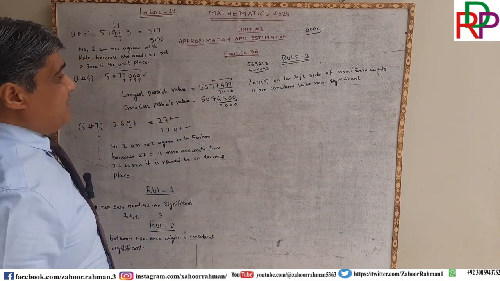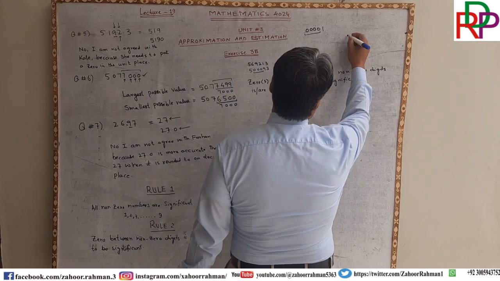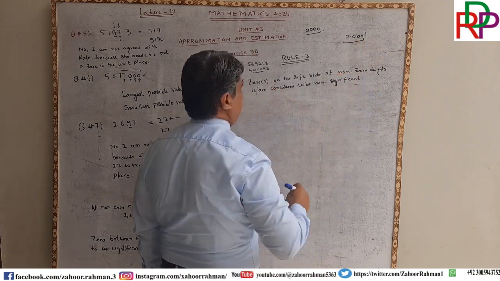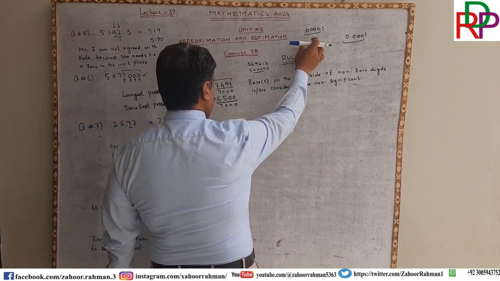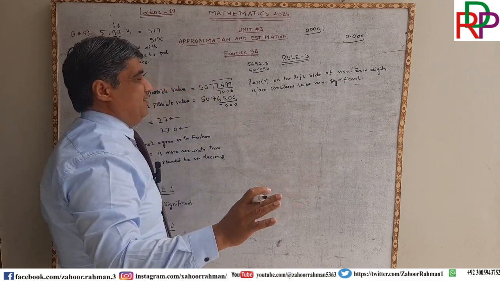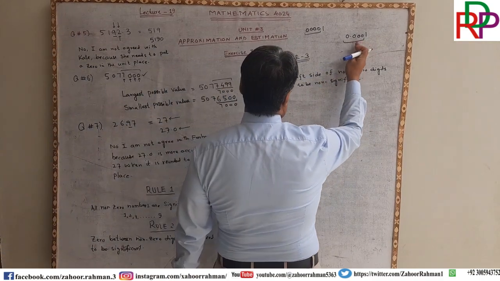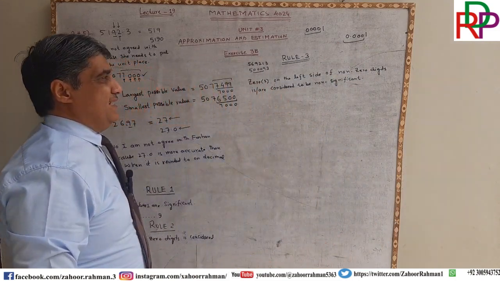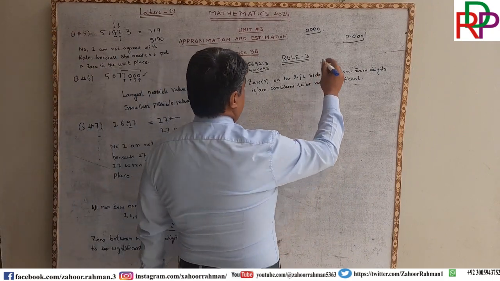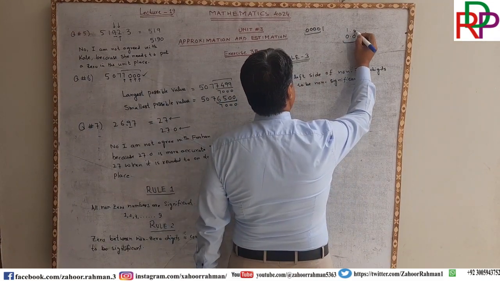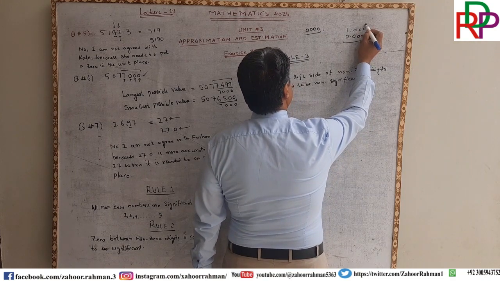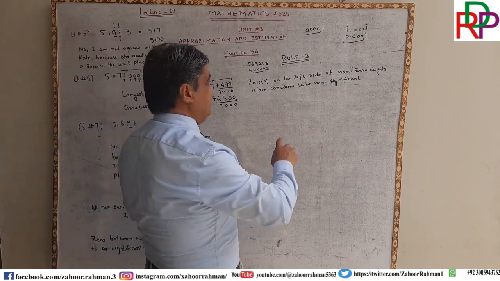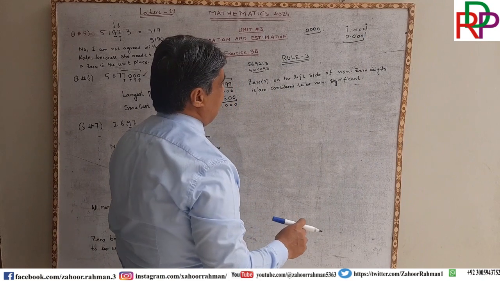If it is in a decimal number as well, 0.0001, these are not significant. If it is in the whole number, it is not significant. If it is in the decimal, the zeros are non-significant. Remember that if this one is 1.001, then these zeros are between non-zero numbers, so these zeros are significant.